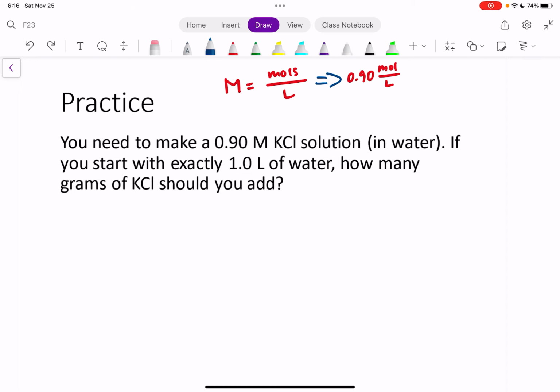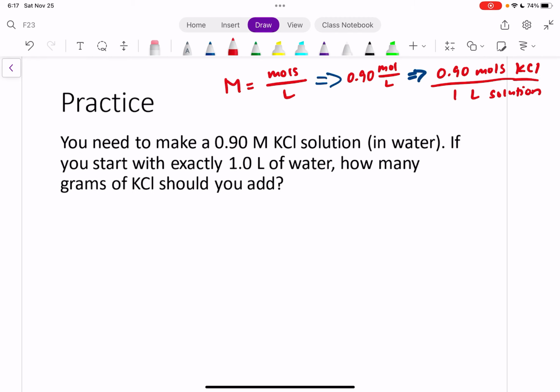Miles per hour is not miles per 2 hours, it's miles per 1 hour. So this is the same idea. 0.90 moles per liter can also be written 0.90 moles per 1 liter. Moles of what? KCl. Liters of what? Solution.